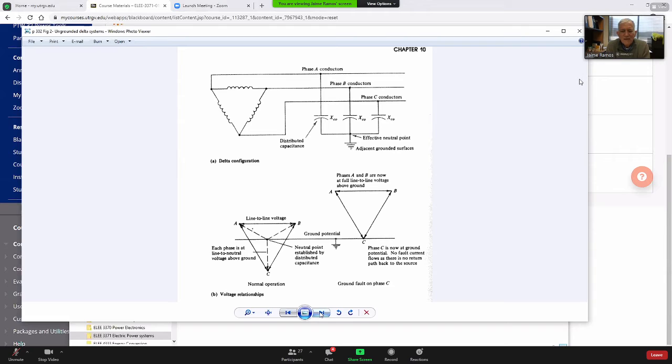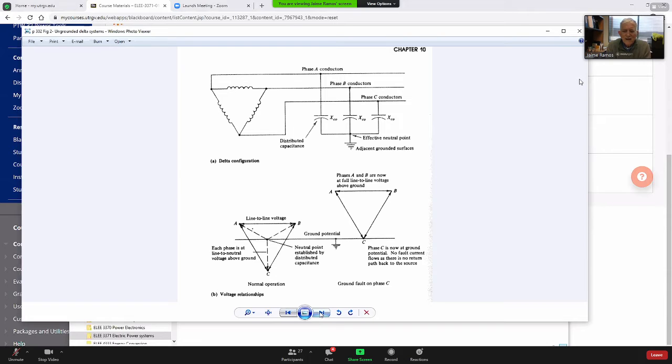The conductors A, B, and C in the top figure are grounded through a virtual capacitance. That distributed capacitance is not a capacitor that we can see. It's a distributed capacitance from the conductors to ground. It's there, but it's not a device that we can see or touch.